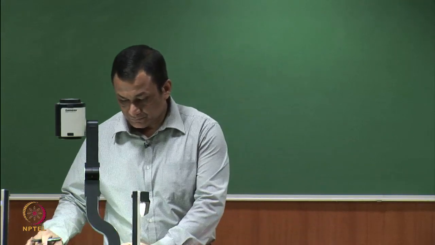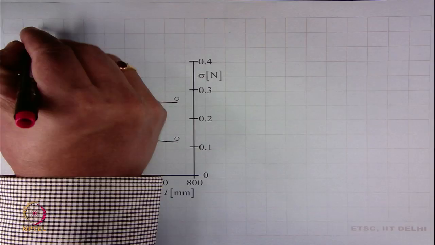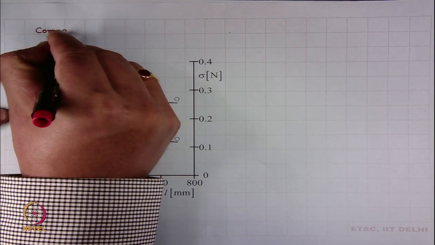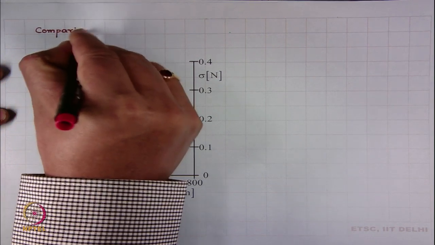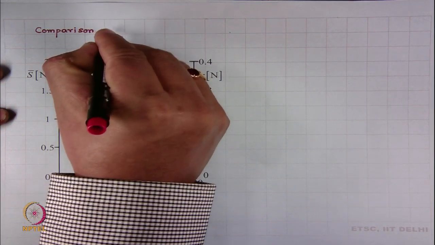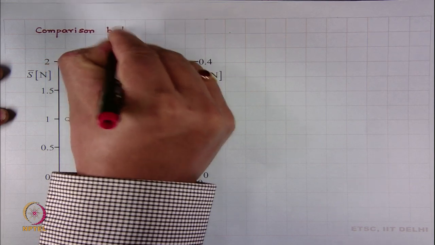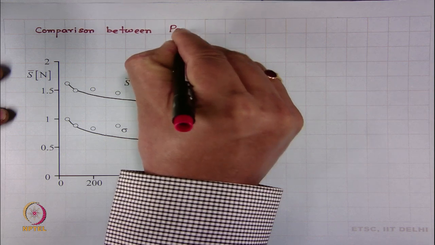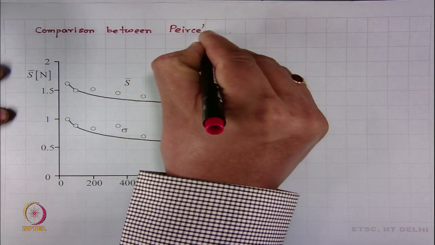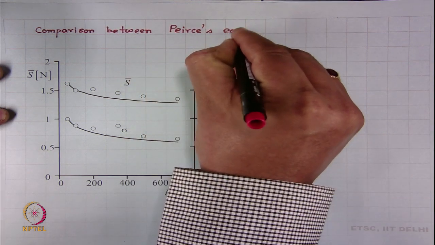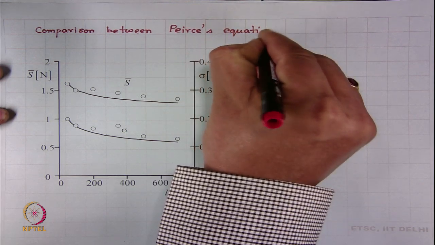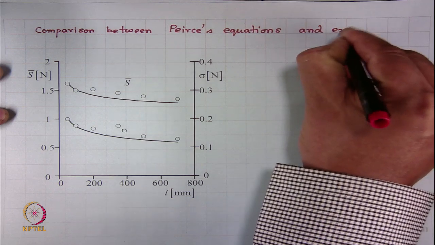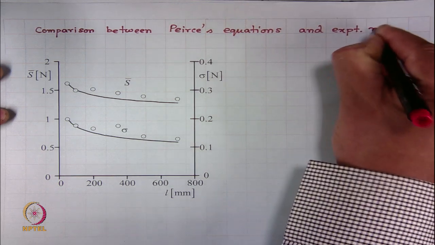This gives you a comparison between Peirce equations and experimental results.